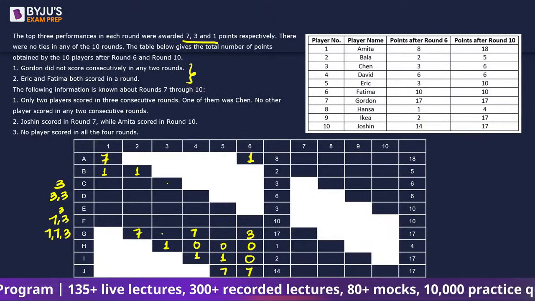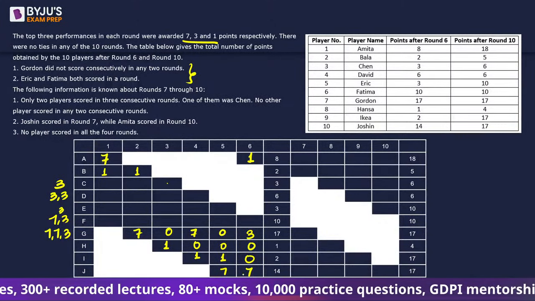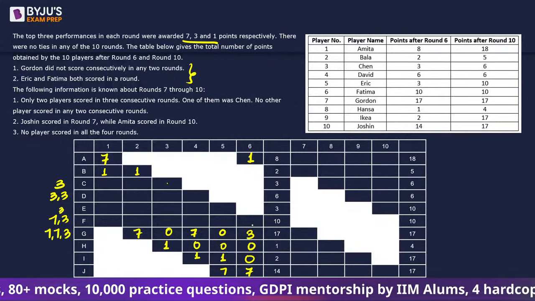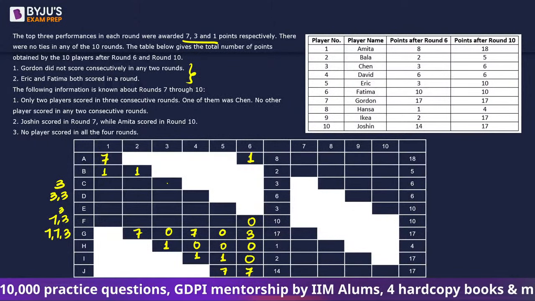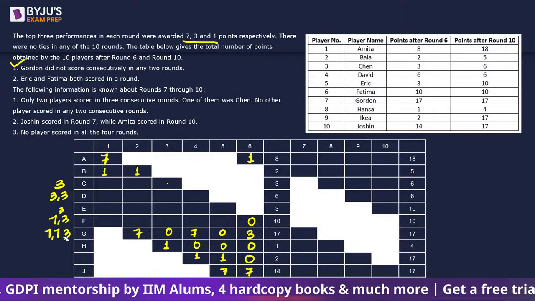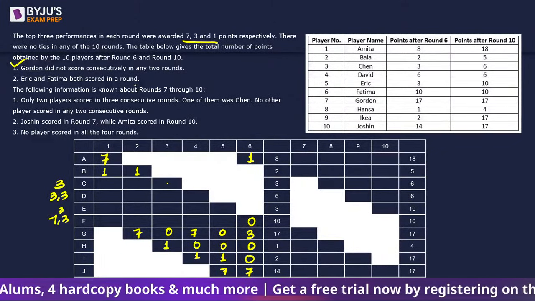Now the moment Gordon ka 7-7-3 is done, the others are obviously 0. If you look at 6th round, we do see 1, 3 and 7, all 3 of them. That means this is 0. Okay, so we're done with the first statement right now. And we're also done with Gordon. Let's erase that. Eric and Fatima both scored in a round.